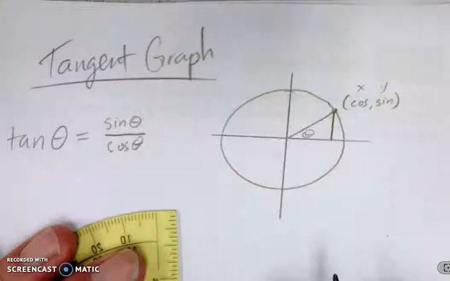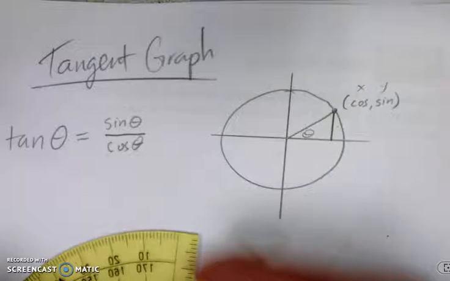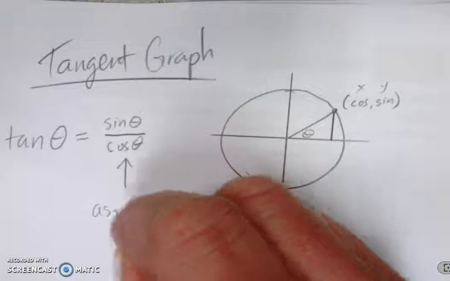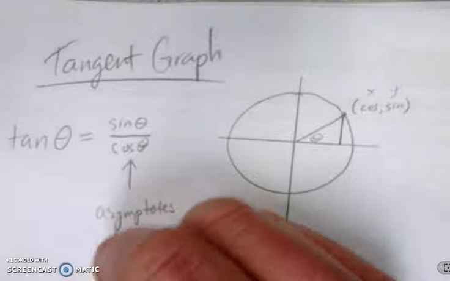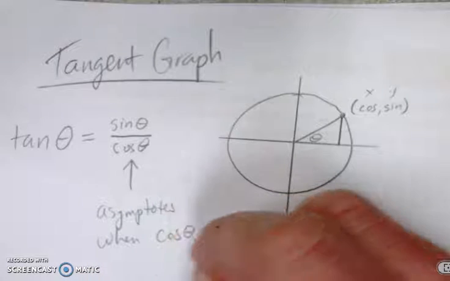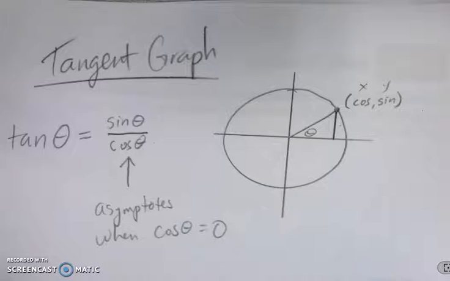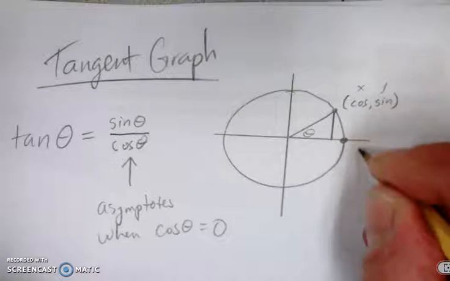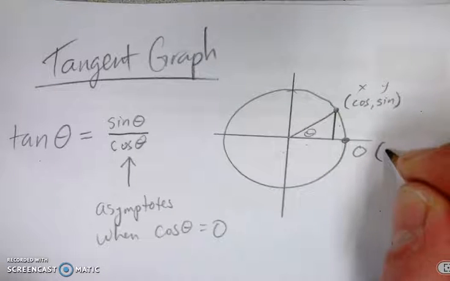Why is the unit circle useful here? Two things. This whole graph is going to have asymptotes when cosine is 0. Well, when is cosine 0? When you're at the 0 on the unit circle, your coordinates are 1, 0.